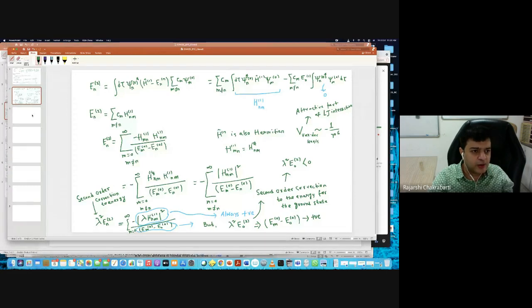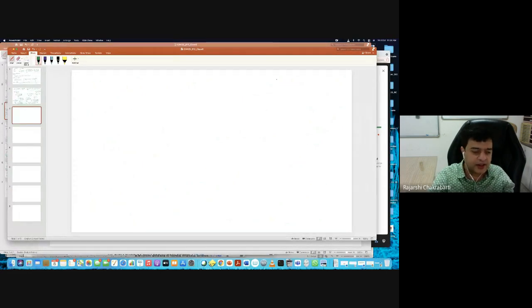But I'll give you one example. Suppose I take a linear polyene and put it vertically. This is a weird thought experiment.